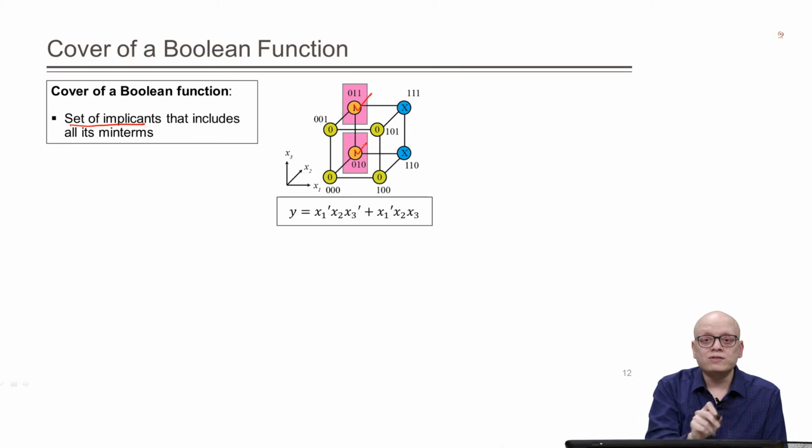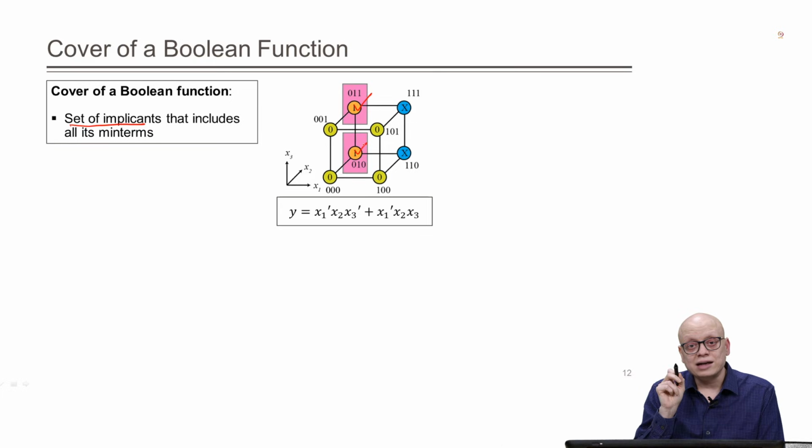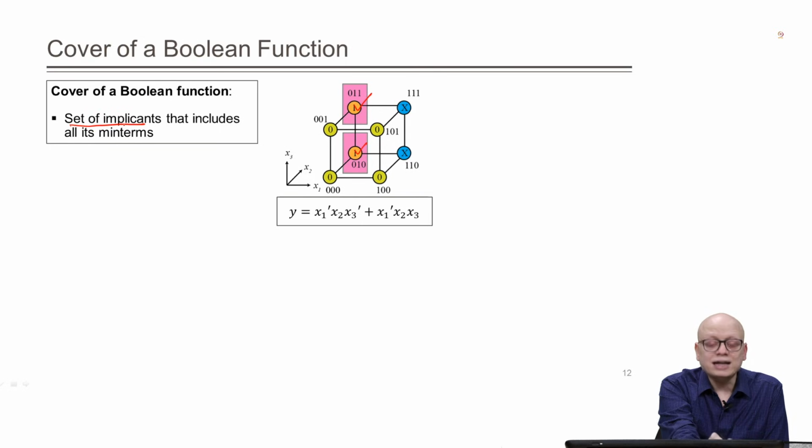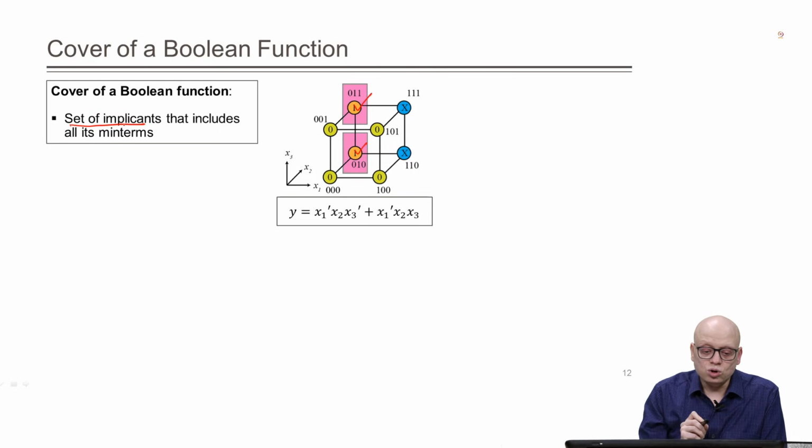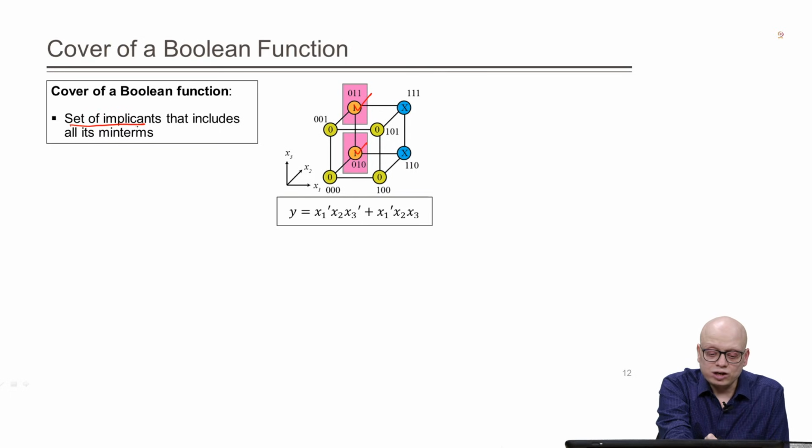So, a cover will only be covering the corners corresponding to the do not care set and the onset, it cannot cover any corner corresponding to the offset, because a cover is a set of implicants. So, what is a cover? A cover is the set of implicants that includes all its minterms.